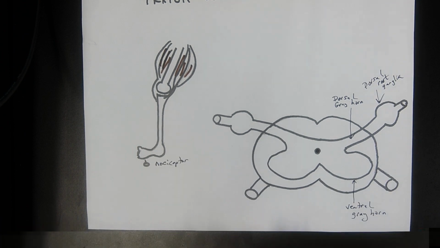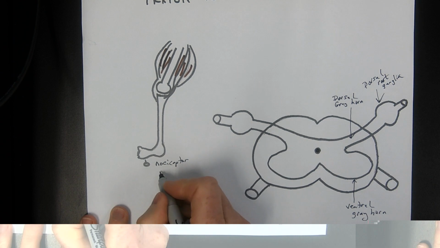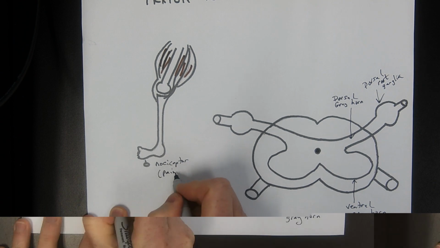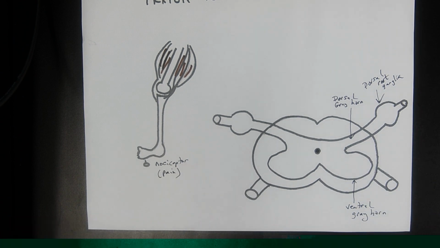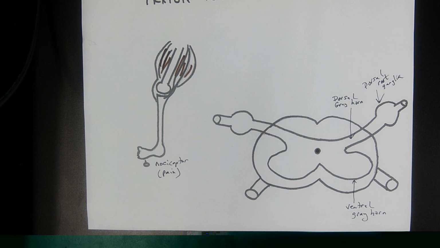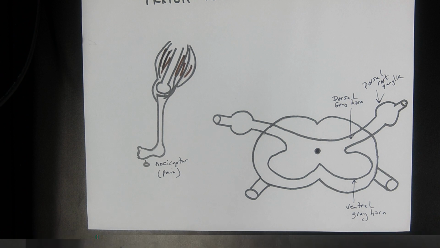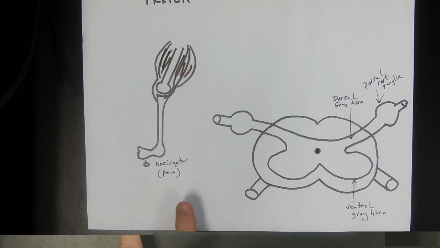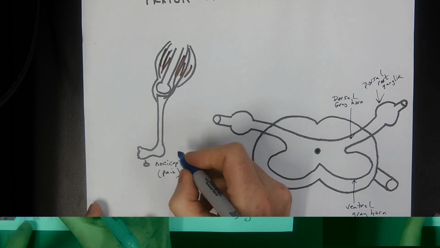That nociceptor is specific for pain response. We talked previously that the stretch reflex or myotatic reflex is a type 1A fiber, and the GTO, autogenic inverse myotatic reflex, is a type 1B fiber. Well, this is a nociceptor, specific for pain.